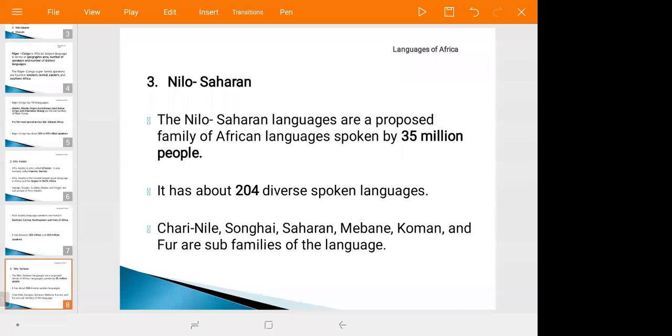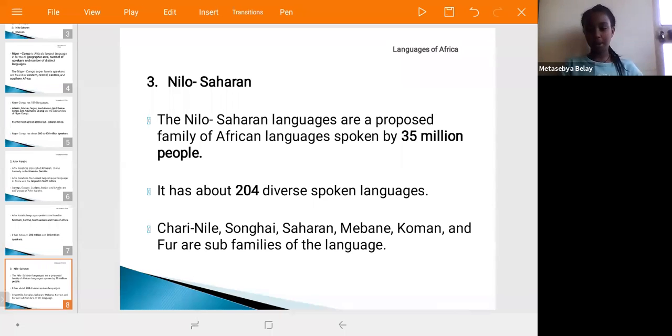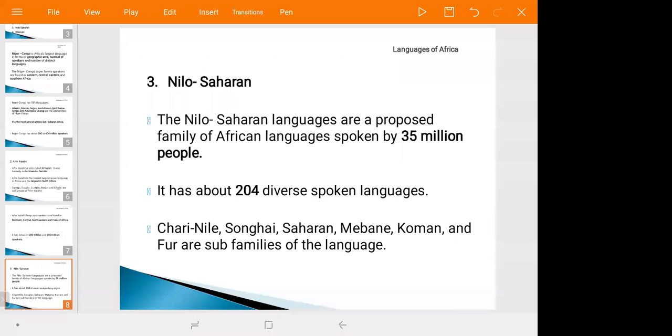Nilo-Saharan. The Nilo-Saharan languages are proposed families of the African language spoken by 35 million people. There is a vast difference between this Nilo-Saharan and the former Afro-Asiatic, and also it's very vast between Nilo-Saharan and the Niger-Congo.